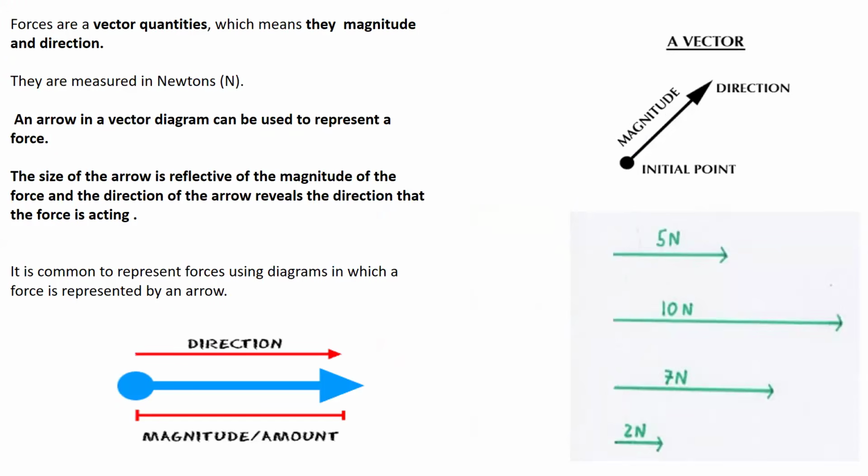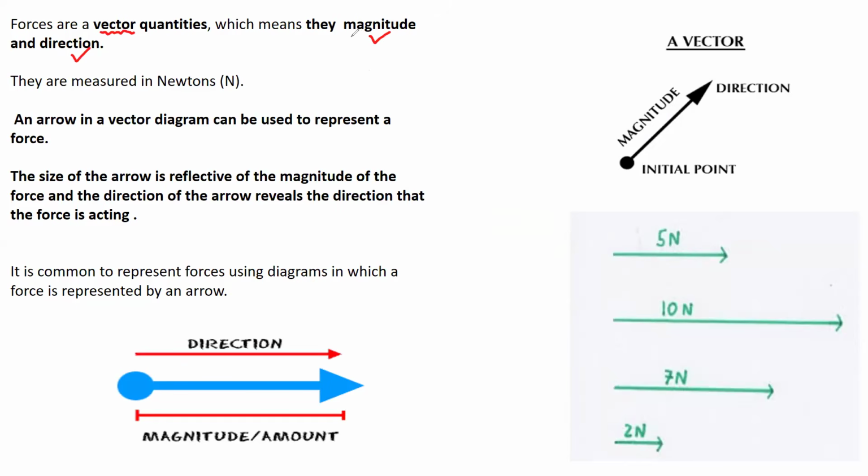Now, when you speak about forces in physics, you must speak about a force from the context of two positions. A force is a vector quantity. Forces are vectors. They belong to a group called vectors. Vectors are described by virtue of their magnitude and by virtue of their direction.